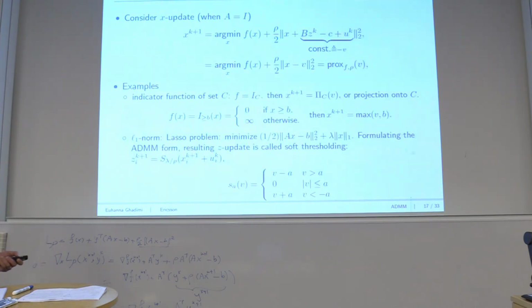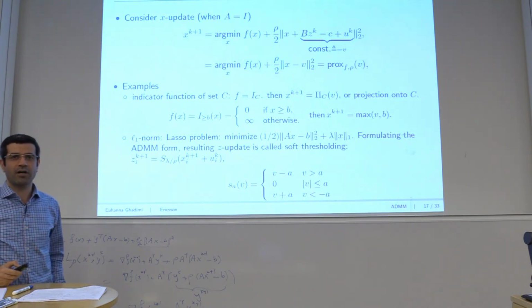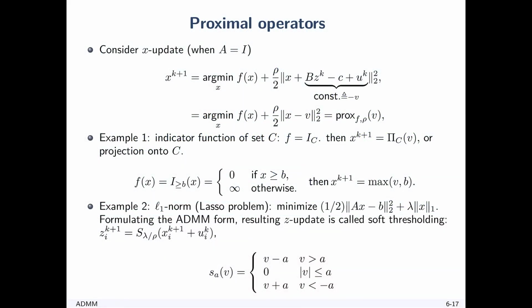So yeah, let's talk a little bit more about these small things around ADMM. Imagine now if I set A equal to identity, so the first matrix in the constraint set. Then formulating the scaled version of this augmented Lagrangian, you will immediately see that this is a constant term, right?